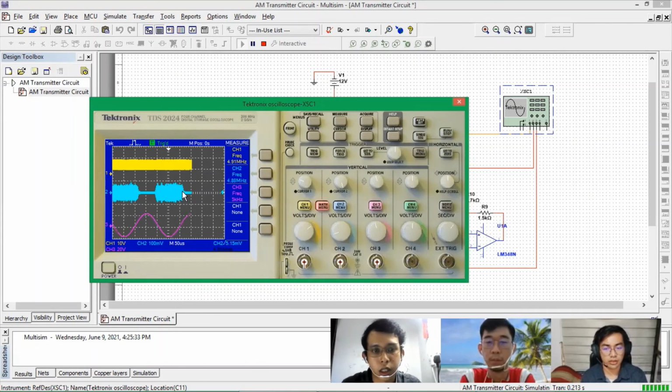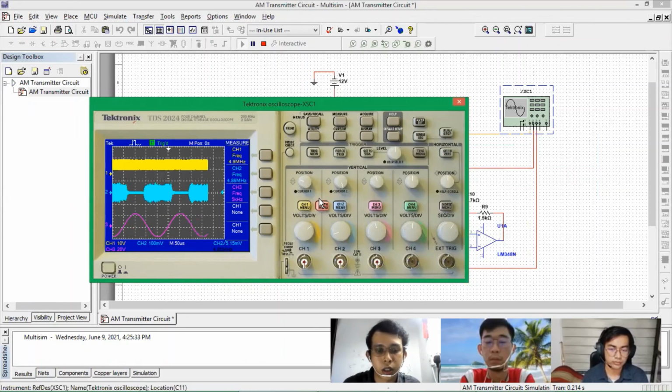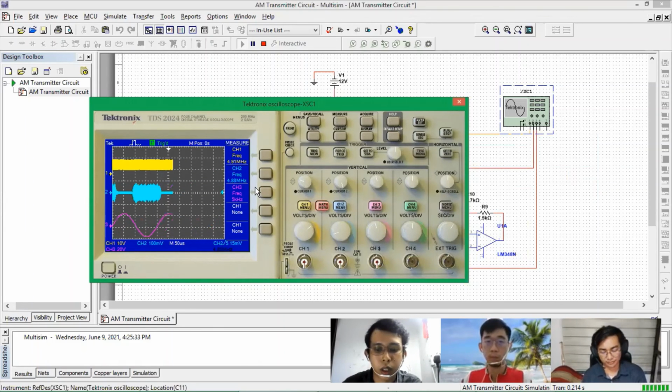The modulated signal frequency is 4.87 megahertz, and this is approaching 5 megahertz. The purple one is the information signal that we set on the function generator, 5 kilohertz. For improvement, as we can see in this waveform, our modulated signal is not perfect.